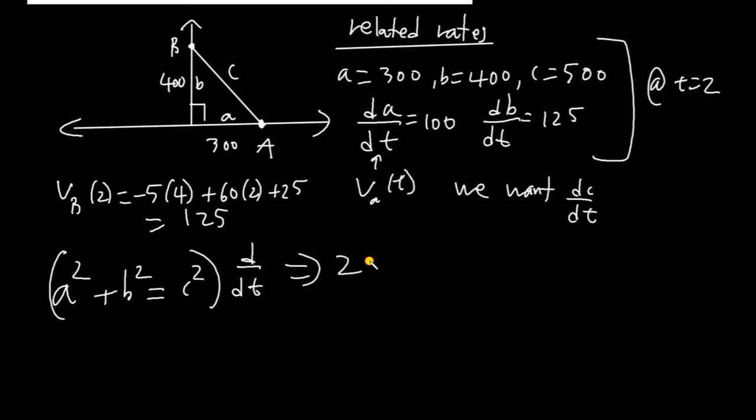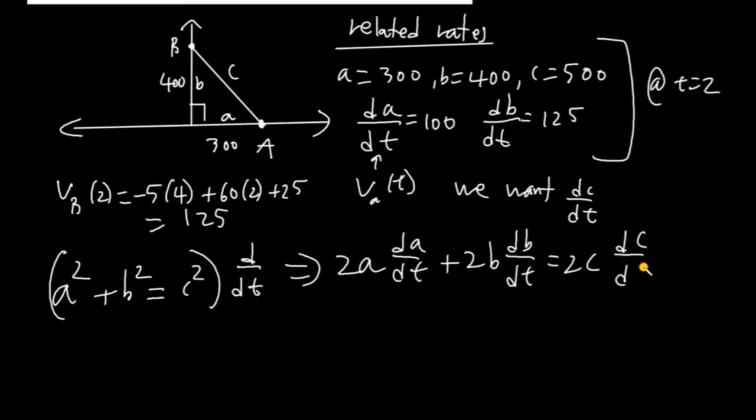I'm going to get 2a dA/dt plus 2b dB/dt equals 2c dc/dt, right? Because, for example, for this a squared part, I'm going to treat it like a normal thing with the 2 going down here and then subtracting 1 to get 2a. And then since a and t are different variables, it's implicit, so I have to add a dA/dt on the end. I can cancel out all the 2's, and I'm just left with this.